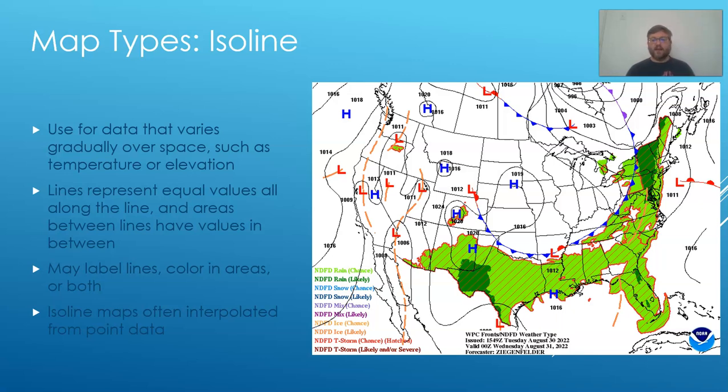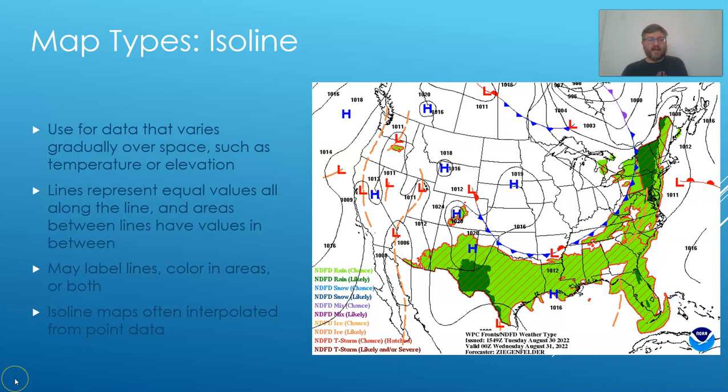So we can read an isoline map by looking at labels that are on the lines, or sometimes you'll see the areas in between the lines colored in. And then the legend of the map will tell you what each color refers to, right? What bracket of numbers each color refers to. It's the same kind of thing. It's just a different way to present the information.